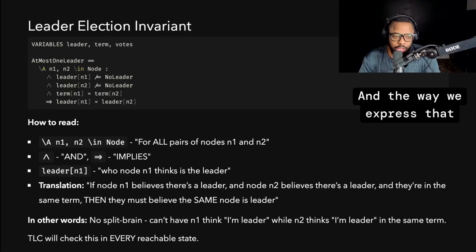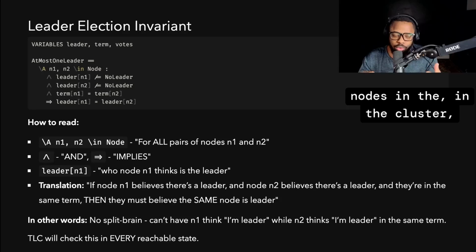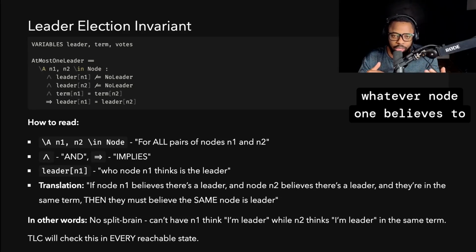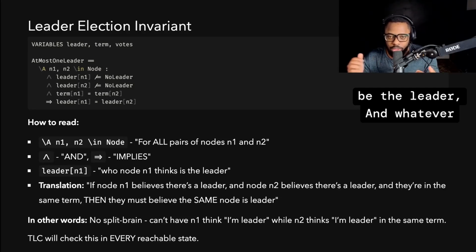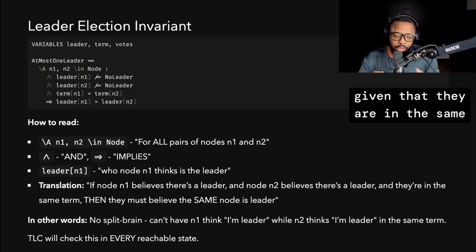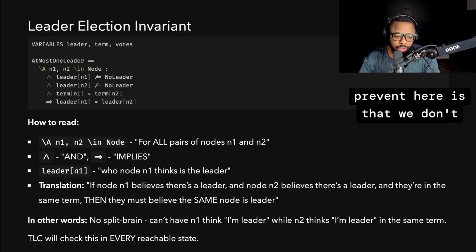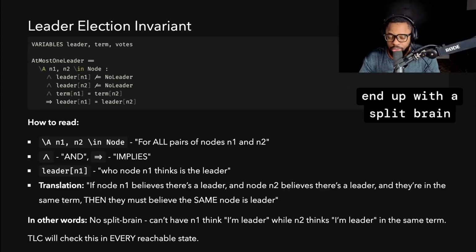The way we express that here is that for any two nodes in the cluster, whatever node 1 believes to be the leader and whatever node 2 believes to be the leader needs to be the same, given that they are in the same term. Essentially, what we're trying to prevent is a split brain situation.